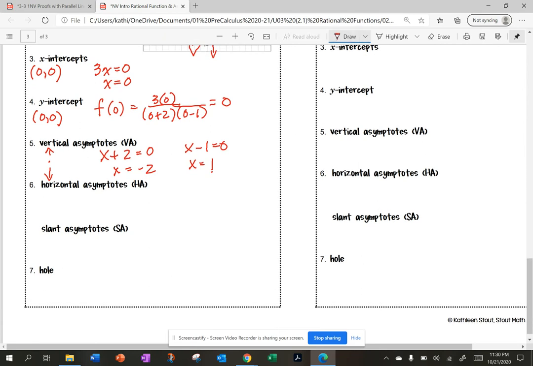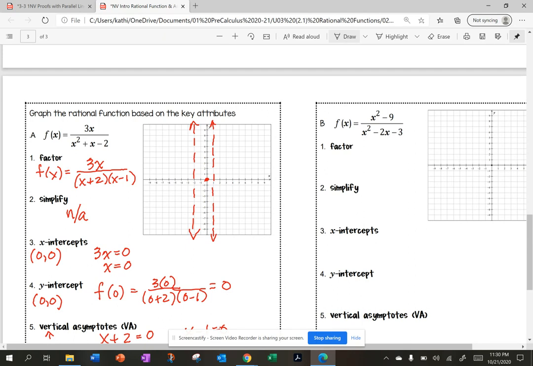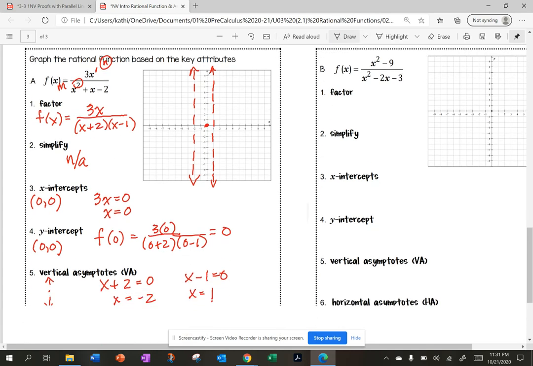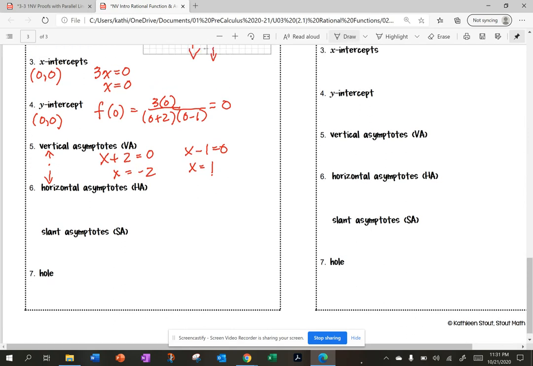All right, next I want to know, do I have a horizontal asymptote or a slant asymptote? Looking at my values of n and m, I see that n is 1 and m is 2. So n is less than m, so I have a horizontal asymptote. I don't have a slant one.